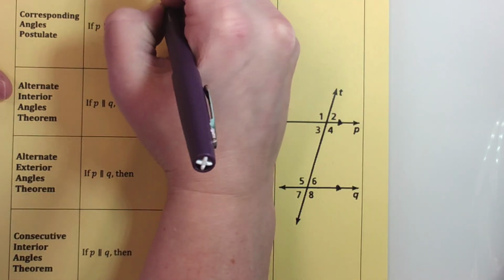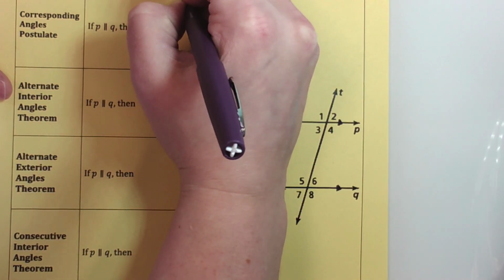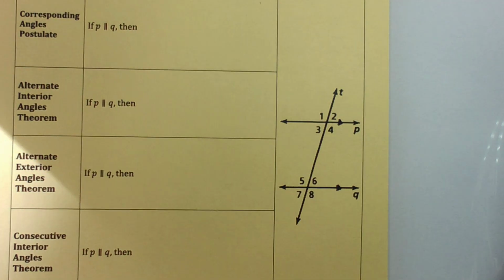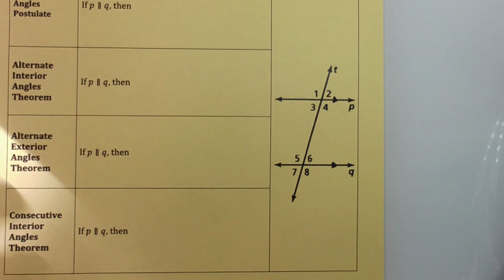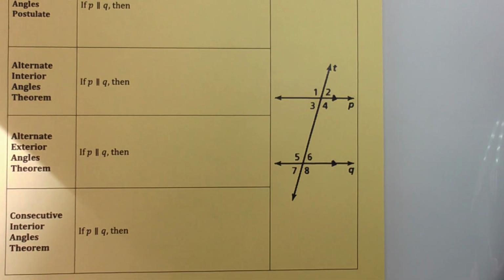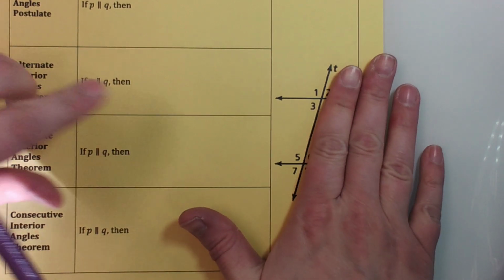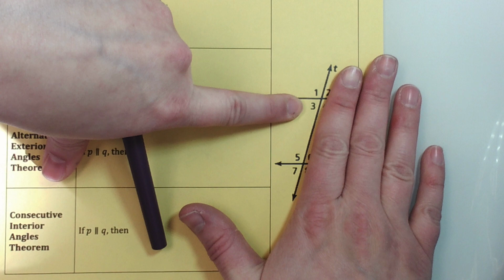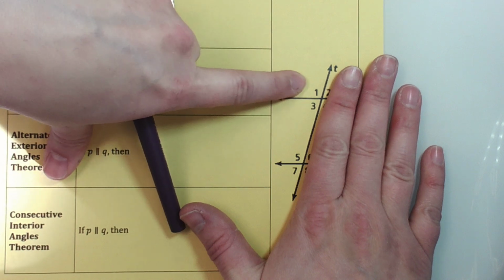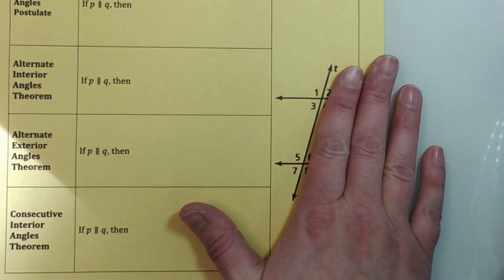The corresponding angles could be angle 1, which is congruent to which angle? It has to be on the same side of the transversal, which means 2, 4, 6, and 8 are out. Can it be right next to it sharing a vertex? Can't be. Is one an interior or an exterior angle?